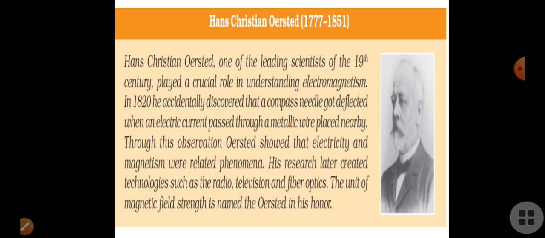That was surprising for them, as no magnet was placed near the compass needle. As we all know, beta, what is a compass needle? It is also a kind of magnet.